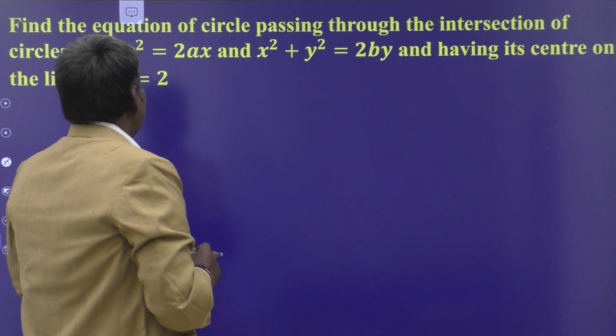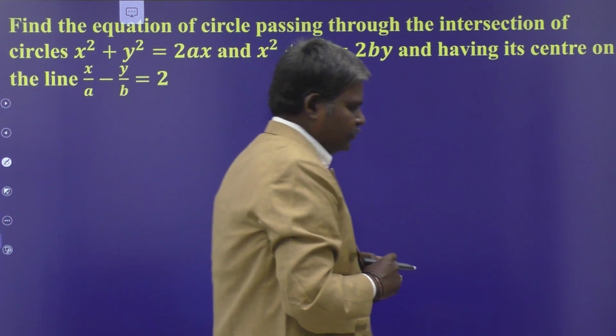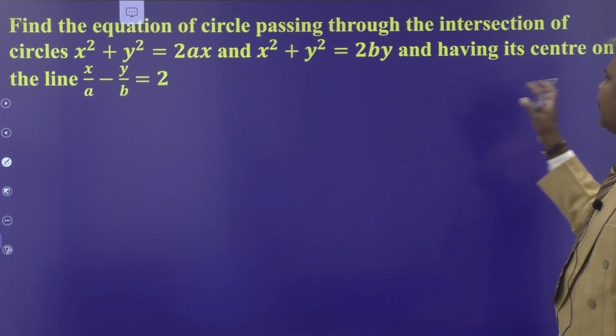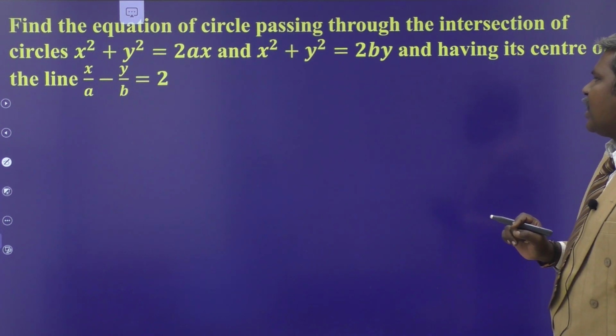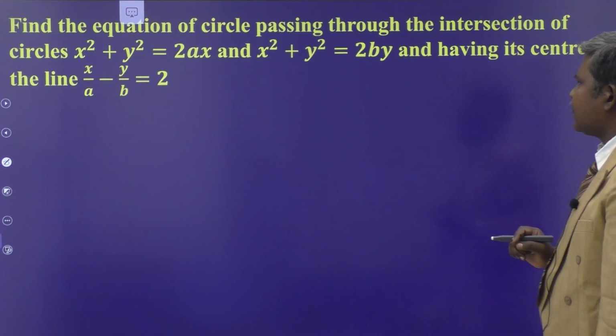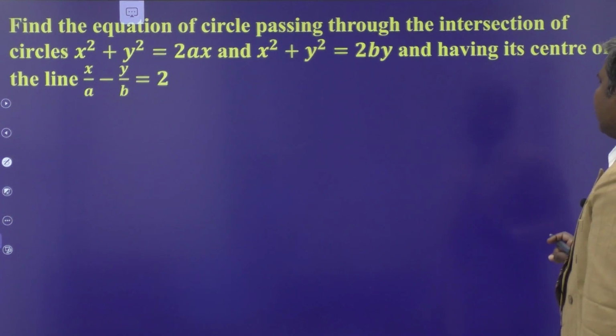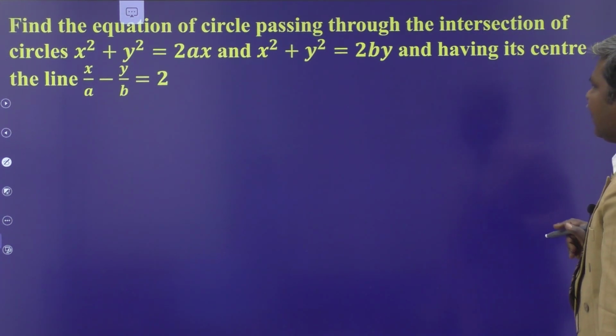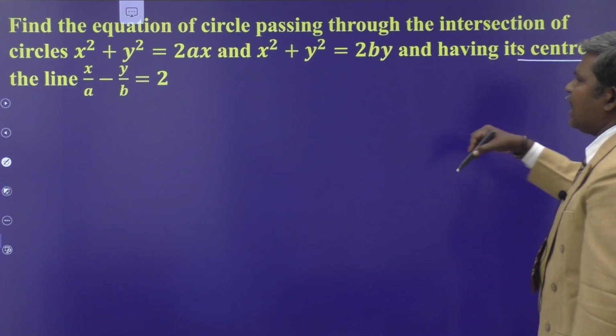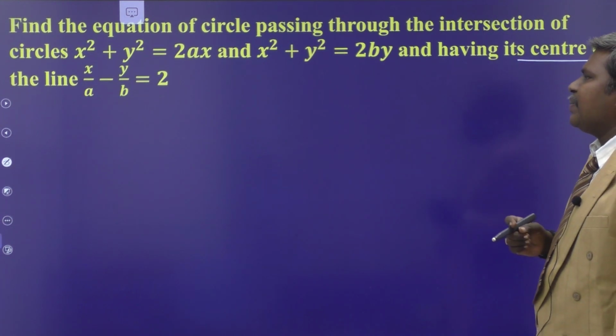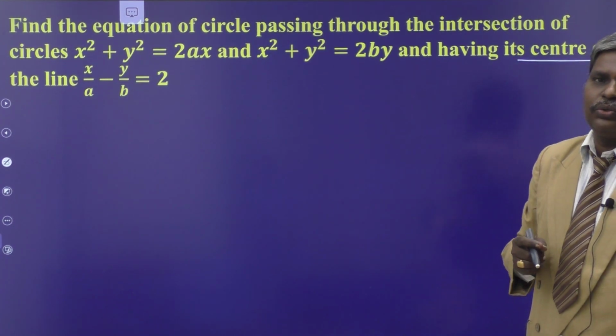Next one. This is the question. Find the equation of circle passing through point of intersection of x square plus y square is equal to 2ax and x square plus y square equal to 2by and having its center lies on the line x by a minus y by b is equal to 2.